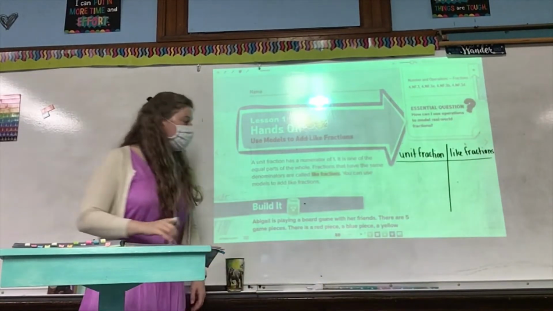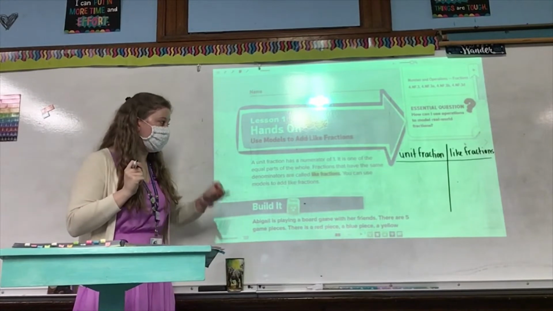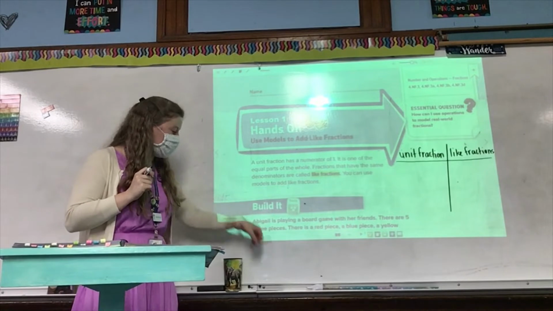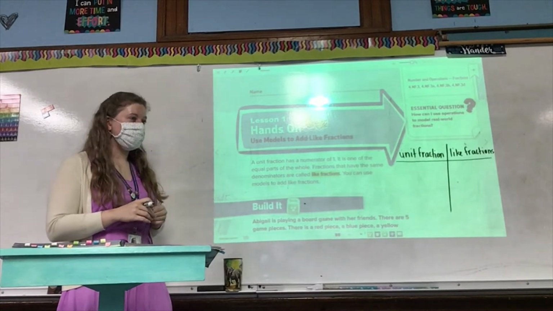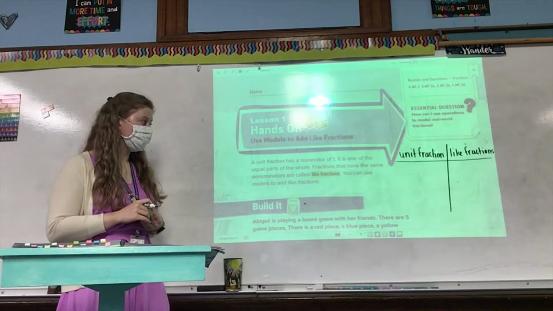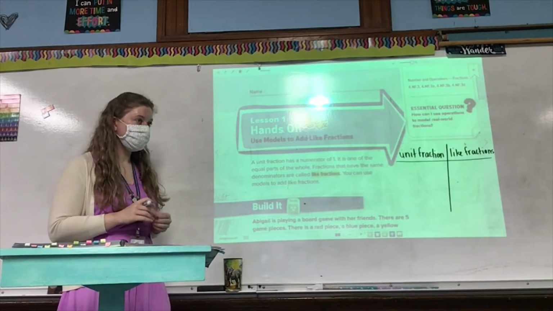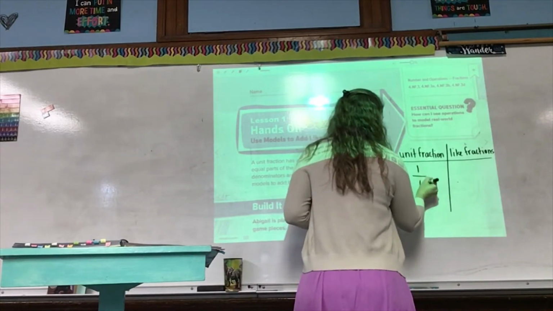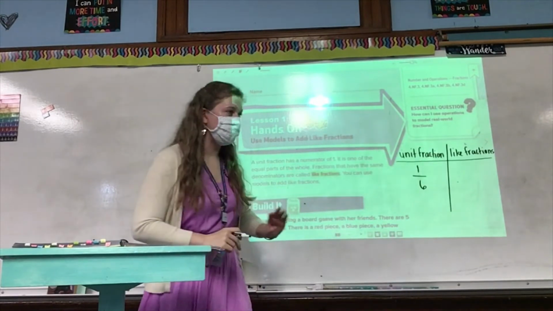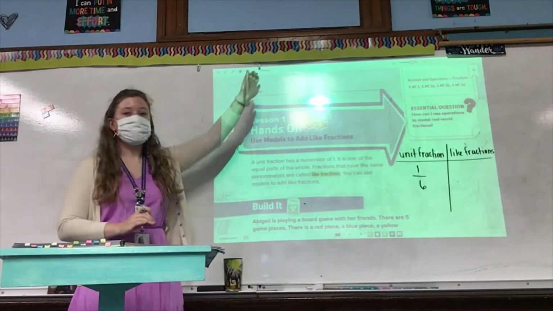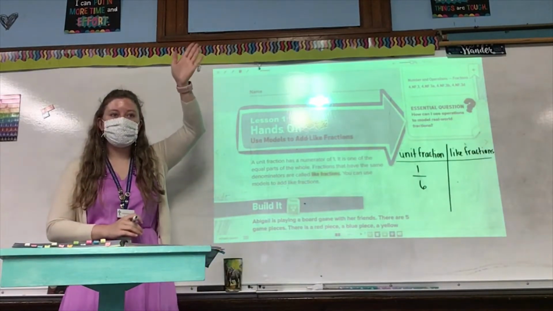Now, using the definition that we already know and what Kingston just read as a reminder, Zadie, tell me a unit fraction. 1/6. So now we have our little table, and we have an example of a unit fraction. Who thinks that they can tell me an example of like fractions?